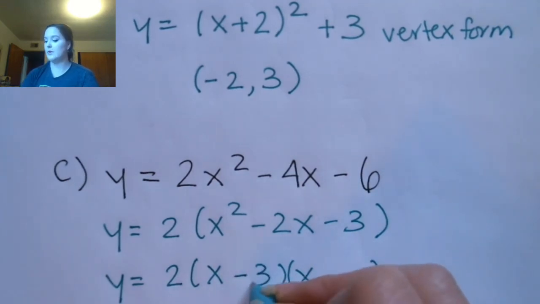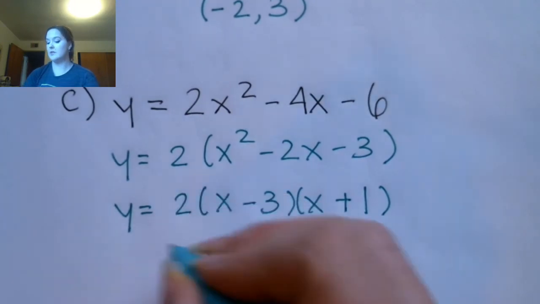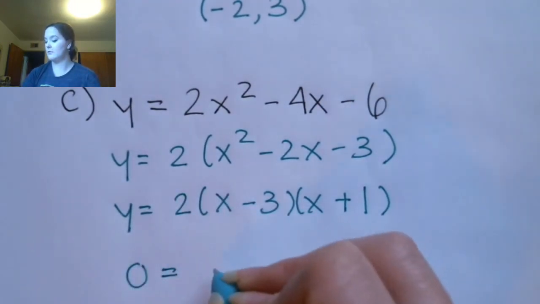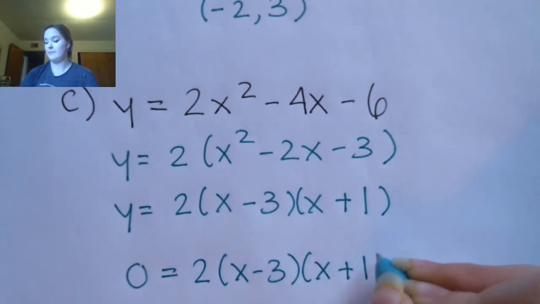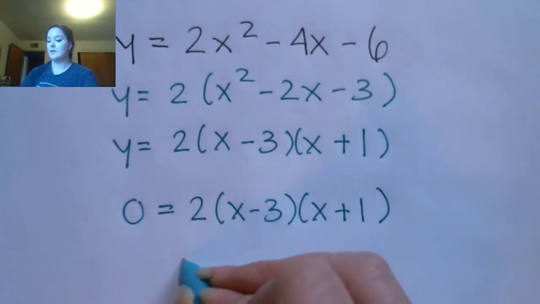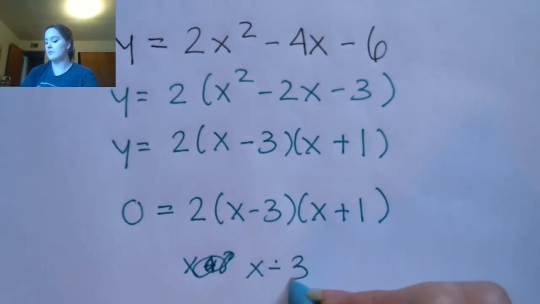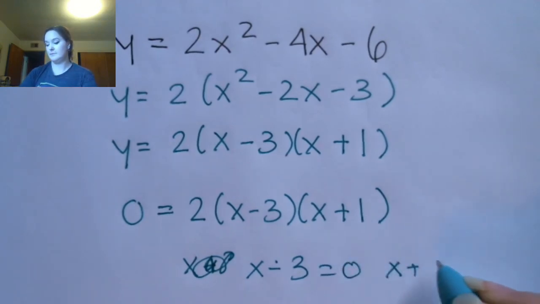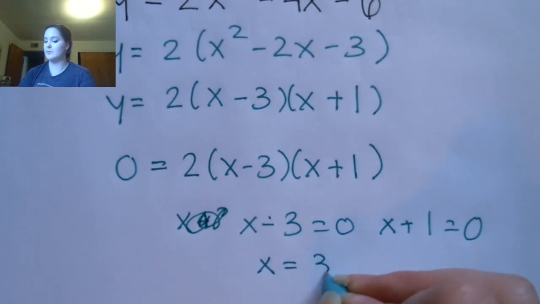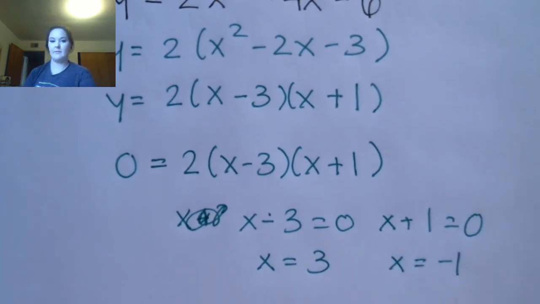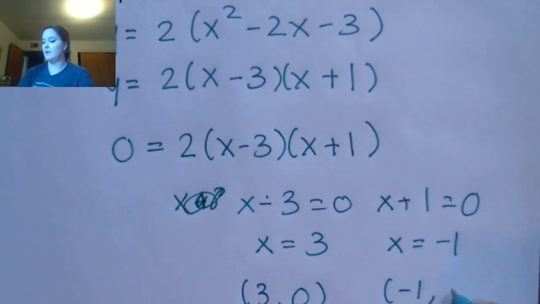It should be -3 and +1. I'm going to find my x-intercepts by letting y equal 0. I can set my factors equal to 0, and this gives me my two x-intercepts. I'll have 3, 0 and -1, 0.